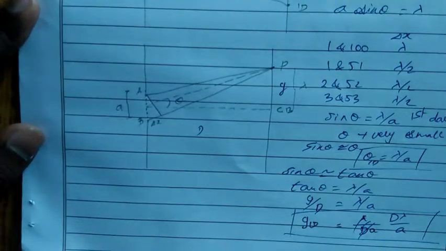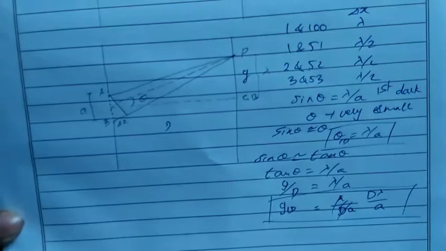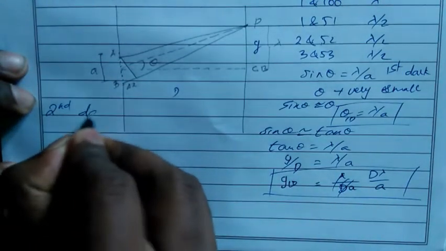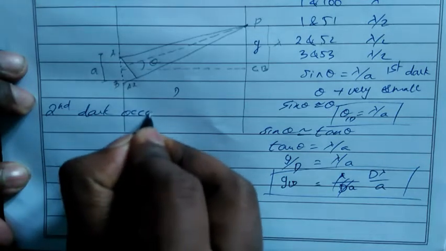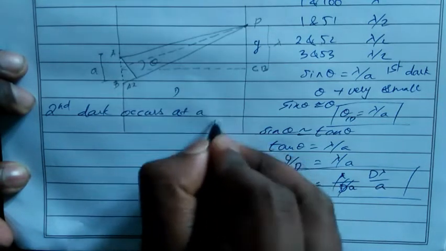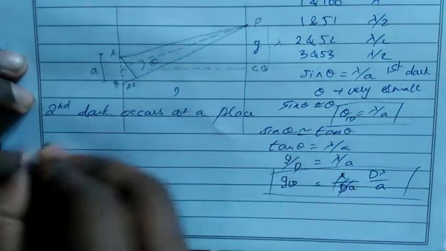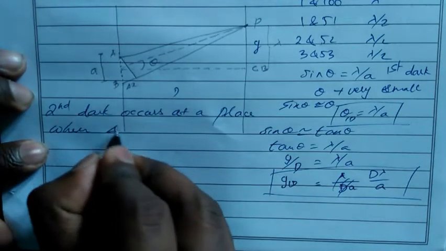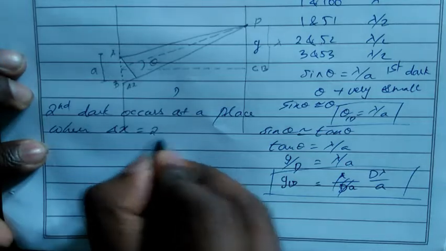Then the second dark. The second dark occurs at a place where our path difference is 2 lambda.